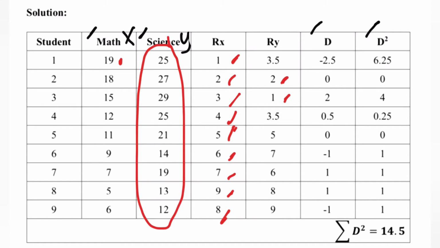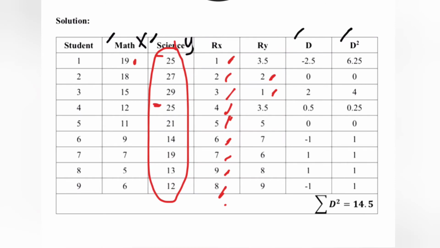So, yung pang third score natin, or yung third rank, merong dalawang nakakuha ng 25. Ibig sabihin, hindi pwedeng pareho silang 3 na dalawa. Kung meron ng dalawa, syempre yun yung first and second. Syempre, ang susunod sa kanila dapat yung third and fourth. Pero, since dalawa yan, ganito yung kukunin.